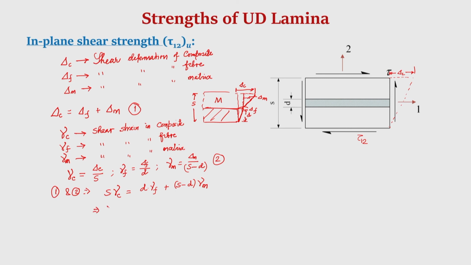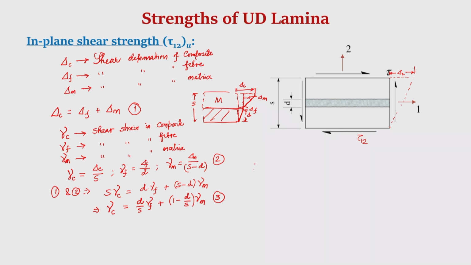Therefore, we can write the strain in the composite gamma C is equal to d by S gamma F plus 1 minus d by S gamma M. Okay. This is equation number 3. Now, we have assumed that this obeys Hooke's law.